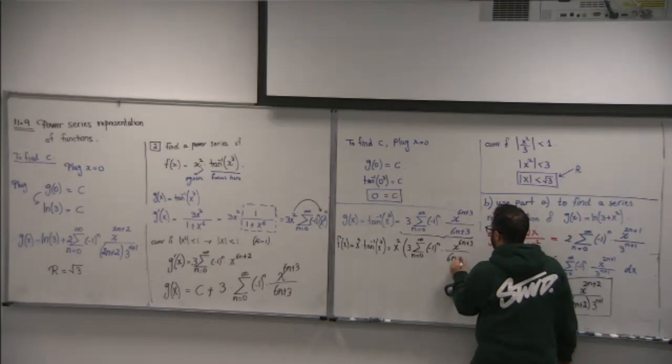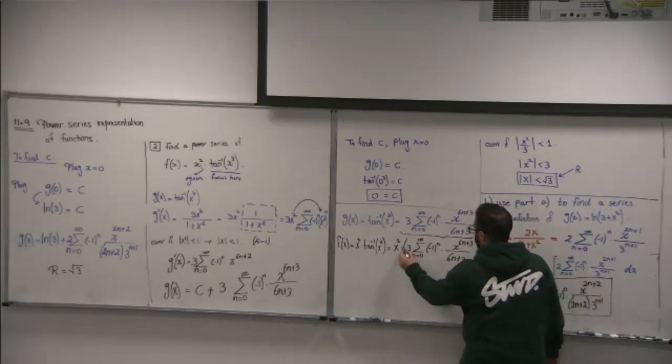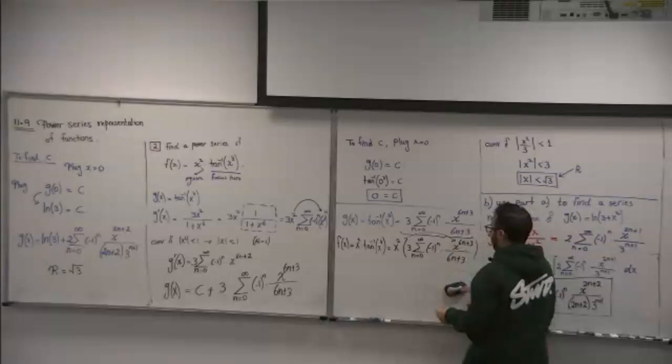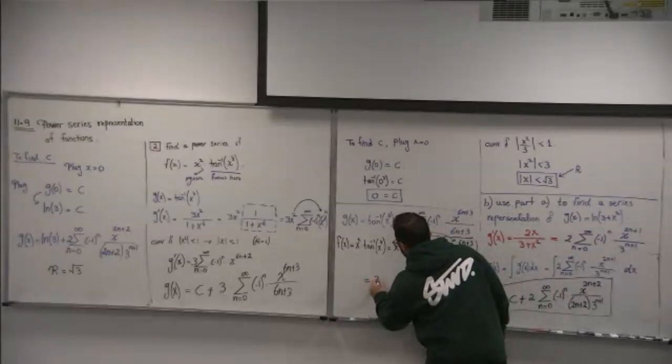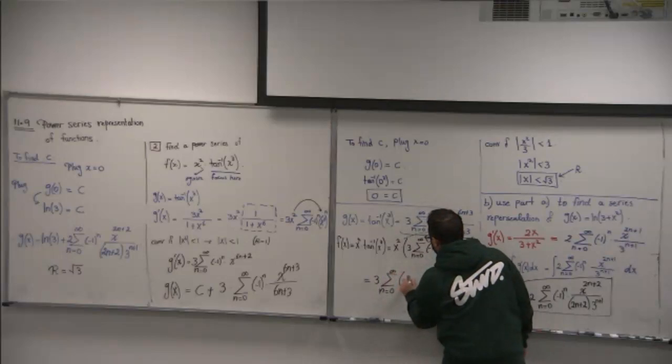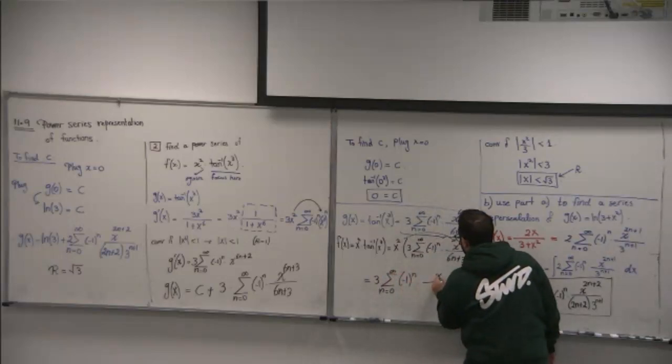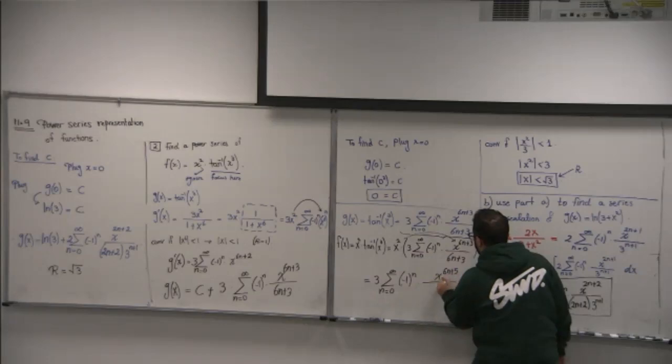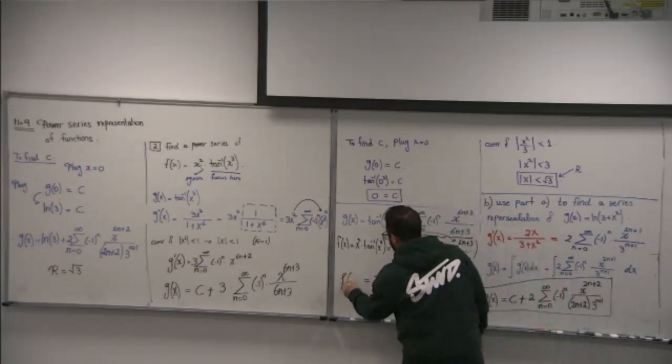And then you can insert the x squared here. You multiply, and you add 2 to the power of x. So overall, this is 3 multiplied by the series x power 6n plus 5 over 6n plus 3 here. And that's f of x.